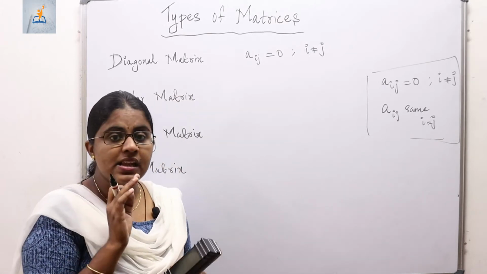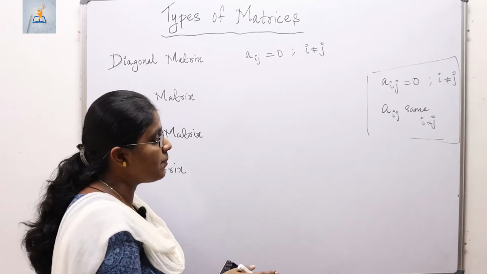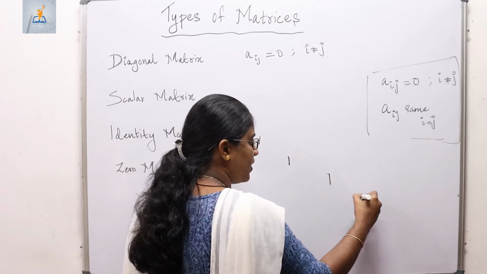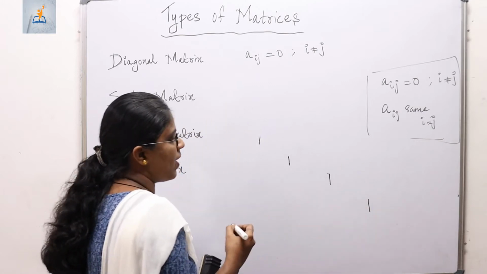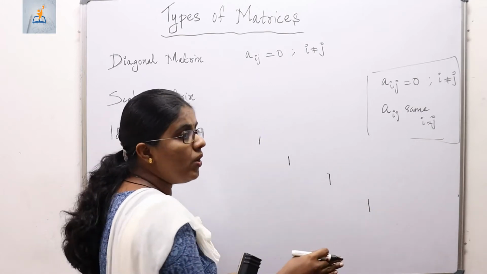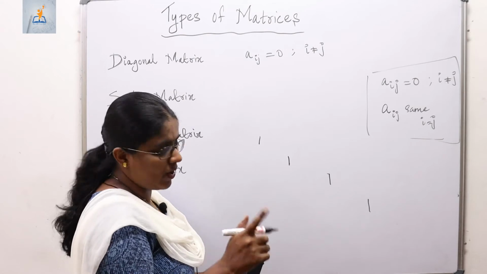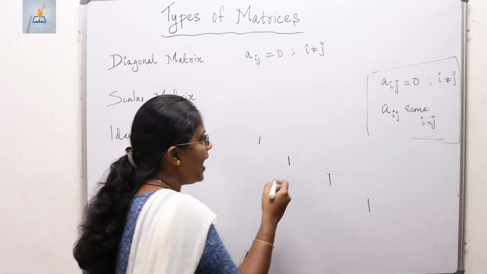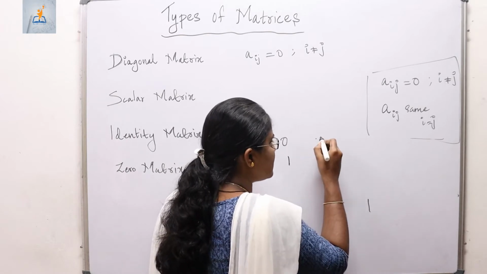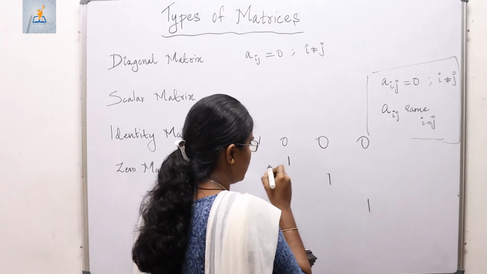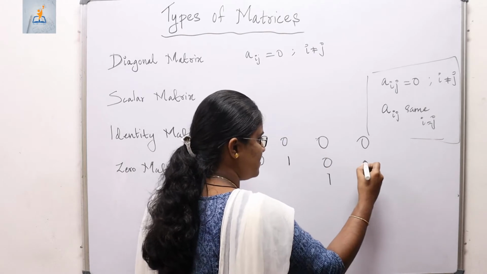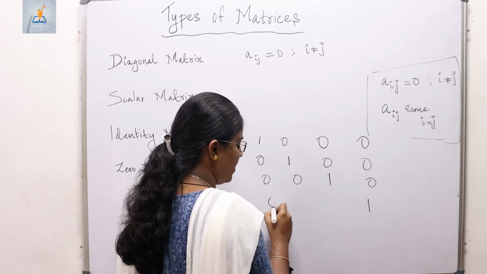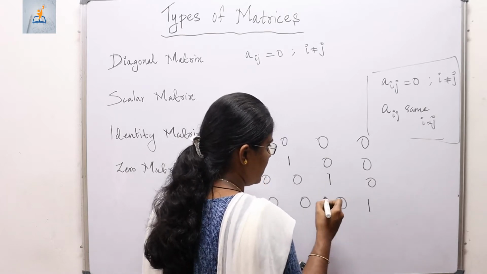So identity matrix is a square matrix whose diagonal elements are 1. So since it is a square matrix, all its diagonal elements should be 1. It is a square matrix whose all the diagonal elements are 1 and all other elements 0. So it would be like this. All the diagonal elements are 1 and all the other elements should be 0.